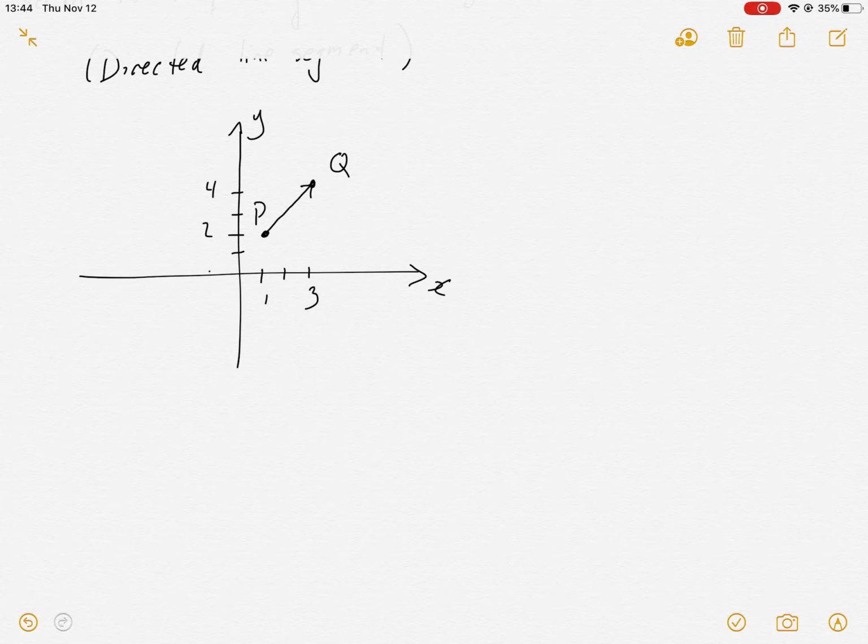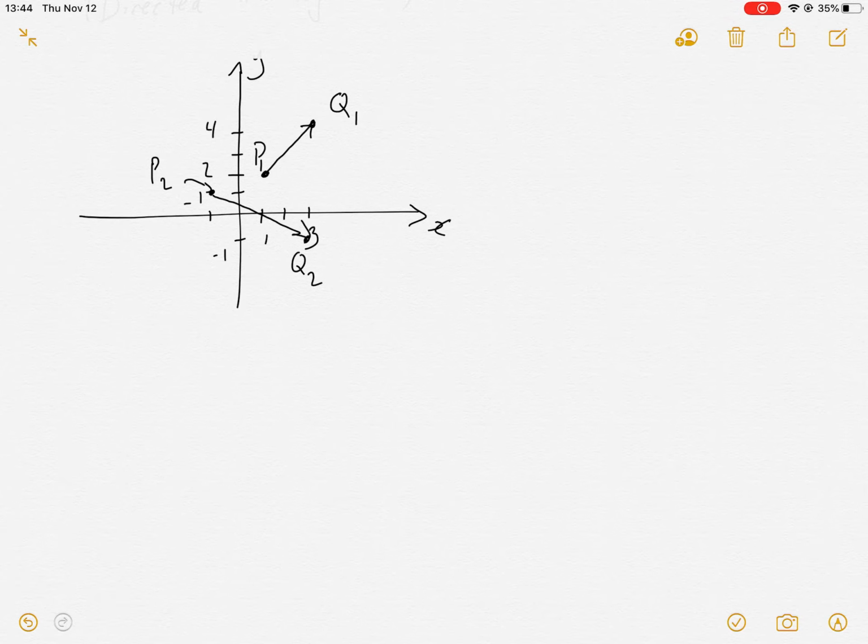Let's do another example. Let's do -1, 1, and then we'll go to 3, -1 over here. So here's a different vector. Here's my first vector, and this is my second vector. We could call this V for vector, and I'll put a little 1 next to it, and then you usually put an arrow on top. And then this one will be V2.